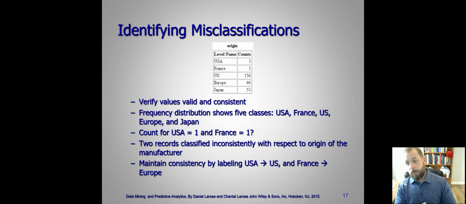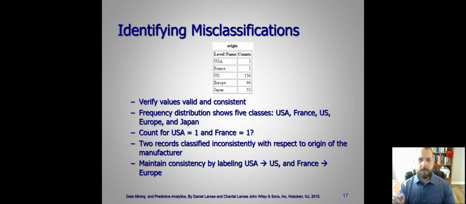Improper handling of the pre-processing can introduce errors within our data set as well, such as misclassification. Look at this small data set with a lot of different countries, and the frequency distribution that shows 5 different classes: USA, France, US, Europe, and Japan. I can easily say there's only one instance of USA, but 156 instances of US.